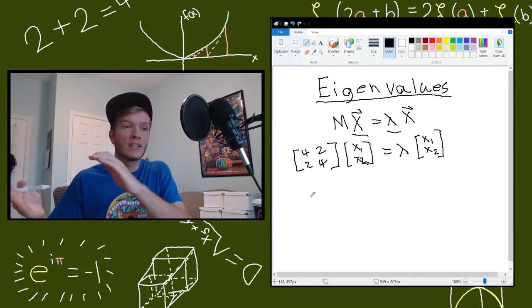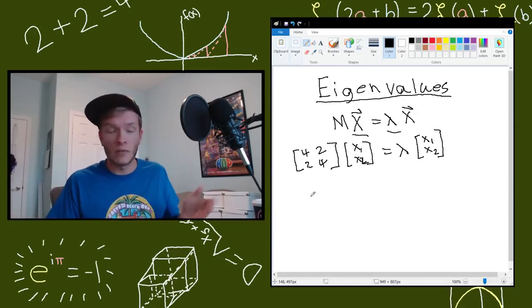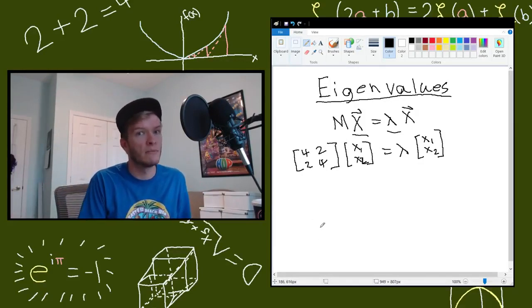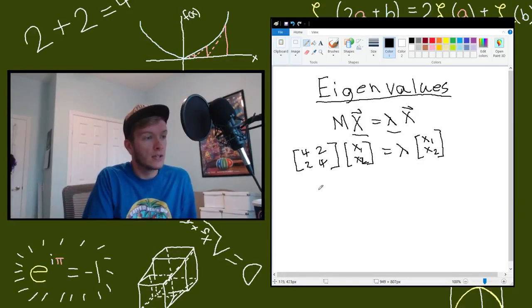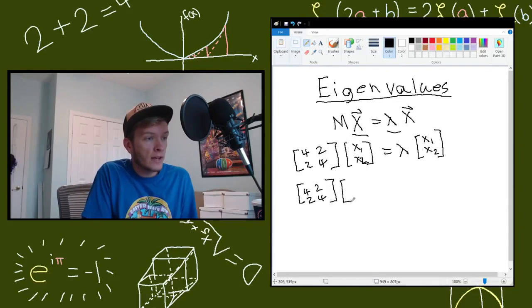You can multiply something by a number over itself, and it's not really changing the value of the fraction, but it may change how we deal with things. So if we have our matrix over here, 4, 2, 2, 4, and then we have our vector.